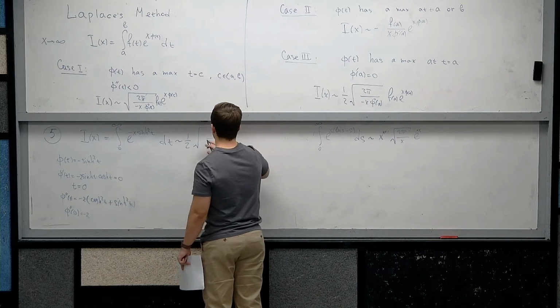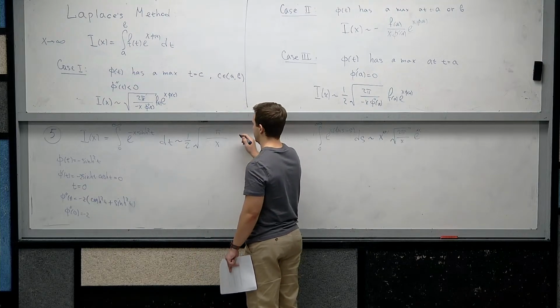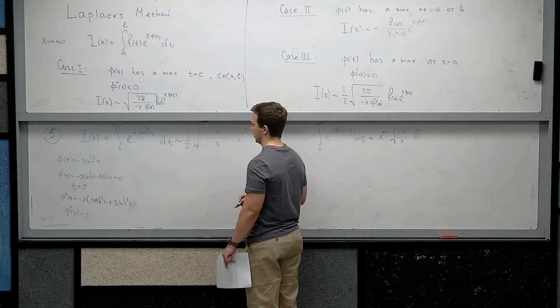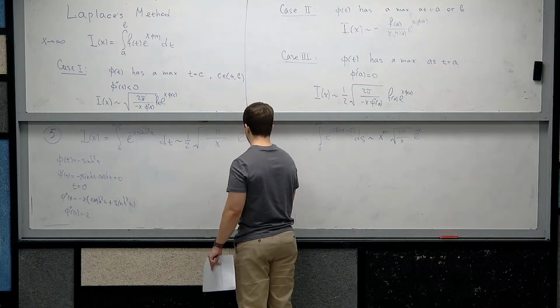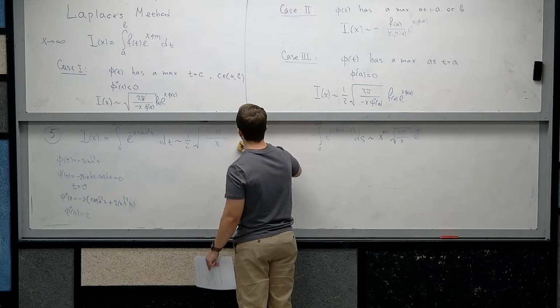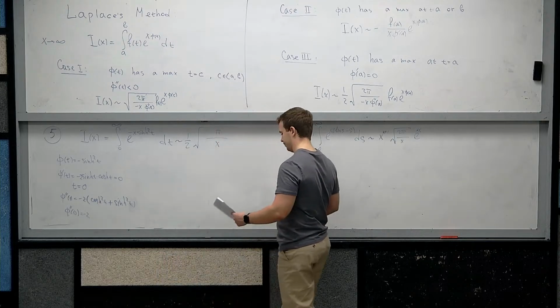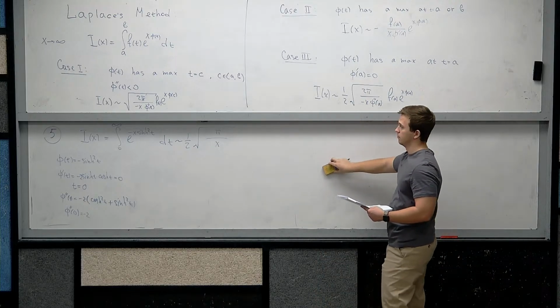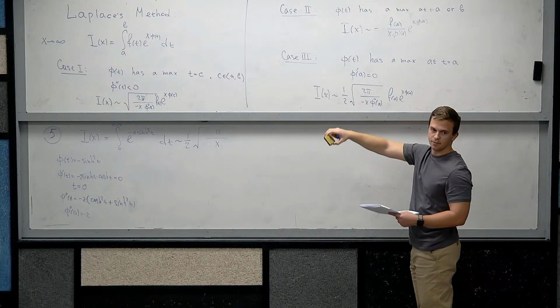So technically just the square root of π over x, times e to the x times the function at this point, which is 0. So just this, as x goes to infinity. All of this holds only as x goes to infinity.